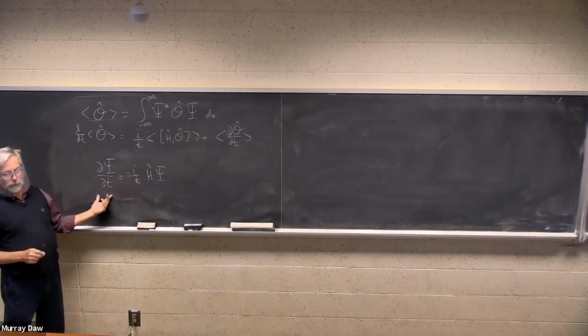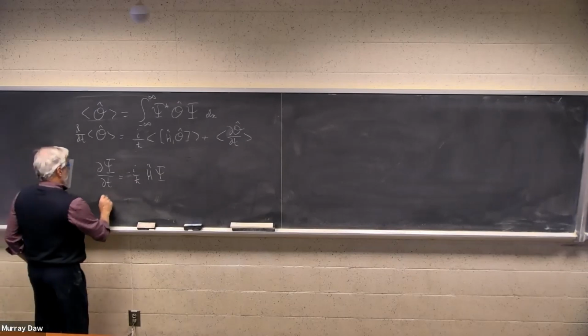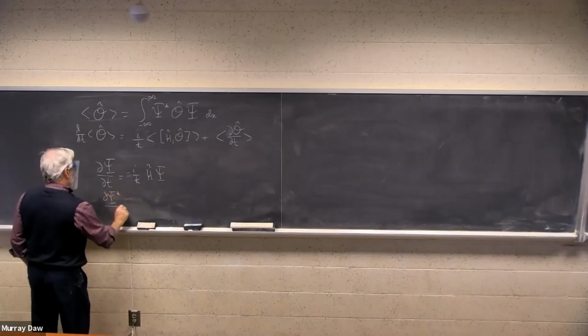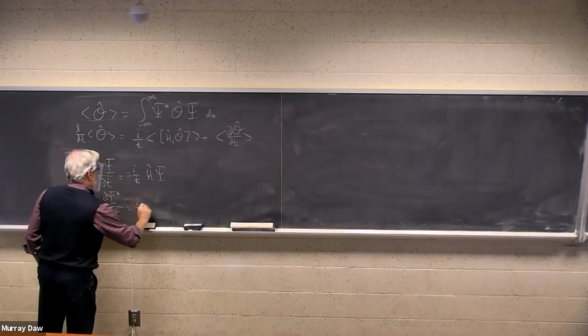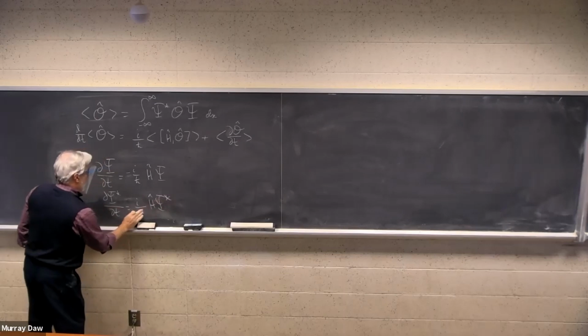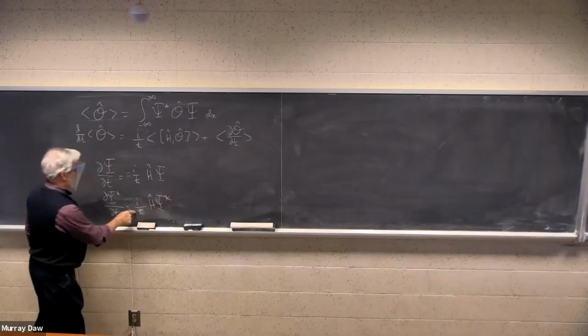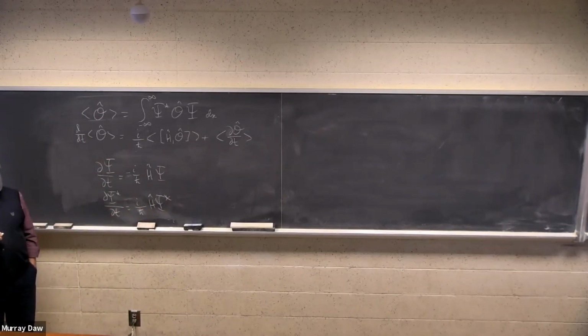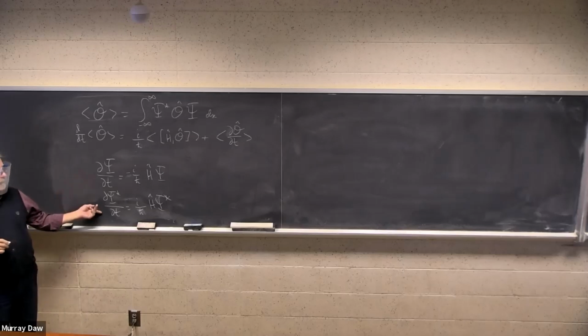So I just have the time derivative. And similarly, there's an equation for psi star that has the opposite sign here. It's the complex conjugate of this equation that gives this.